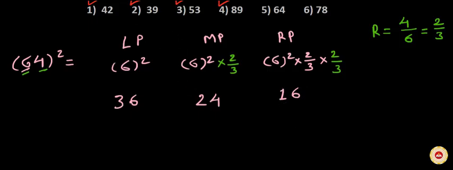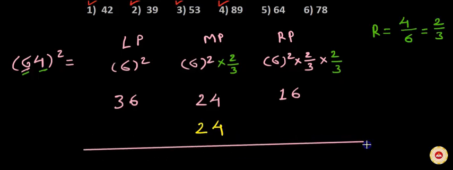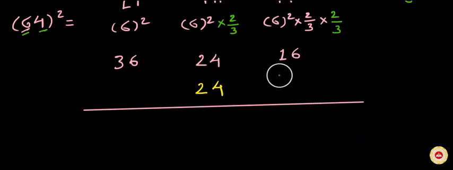Now it is time to repeat the middle part. So let us write 24 below this 24. We have repeated it. Now it is time to add vertically. Consider these three parts as three separate columns and add the numbers in those columns.